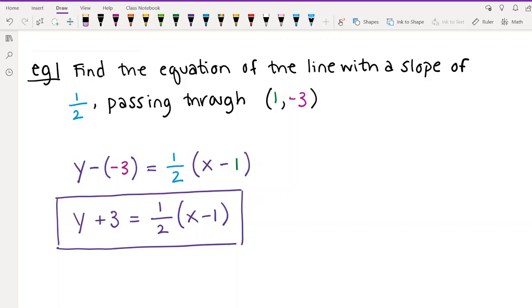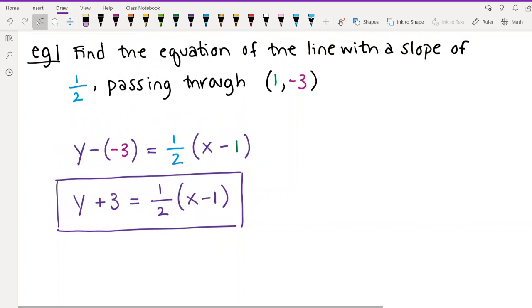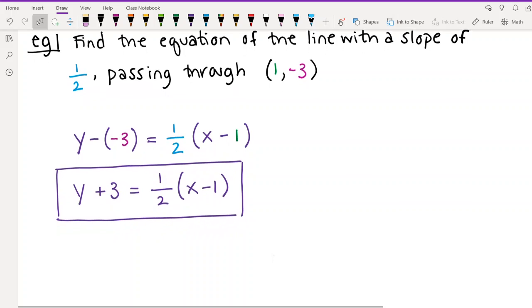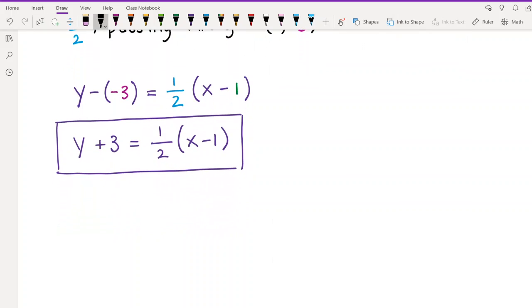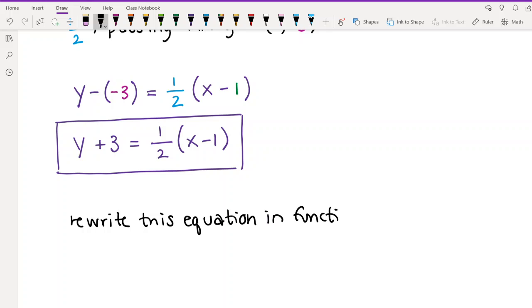However, there might be a case where you actually want to write this in function notation. So you can do that. You can first write it in point slope form like we did, and then you can translate this into function notation, and it's not too hard. So let's rewrite this equation in function notation, or you could call it slope-intercept form.